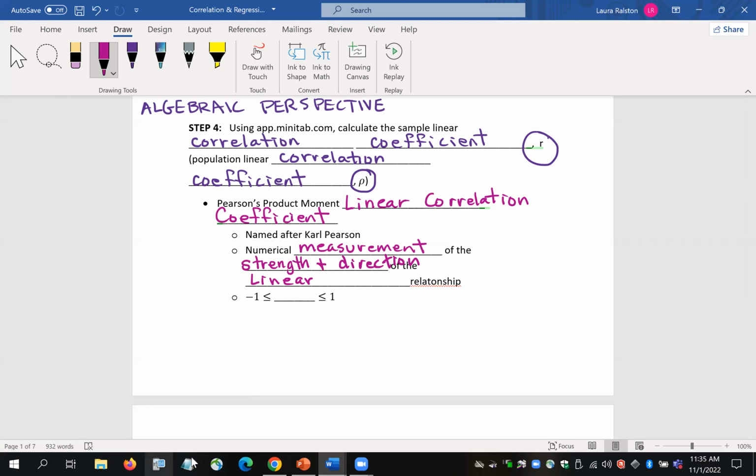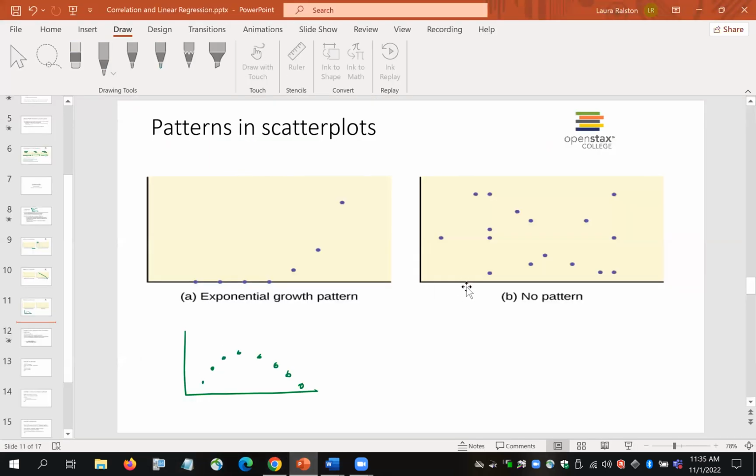So if you have one of these things that doesn't appear to have a linear pattern, I'm probably not going to use the linear correlation coefficient. There would be other options, because the linear correlation coefficient only calculates the strength and direction of a linear relationship.